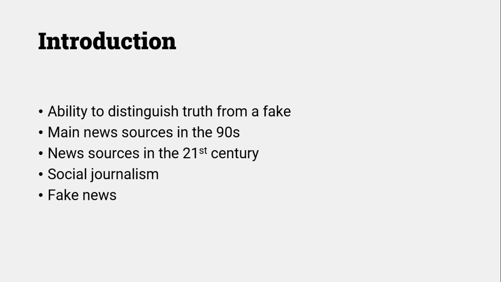In past decades, the only means of reaching the population were television, newspapers, and radio. Through them, people learned the news in any form and were able to form their opinions and thoughts. These types of sources were the main source of knowledge about the surrounding world.